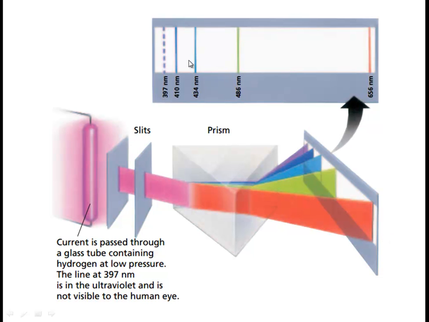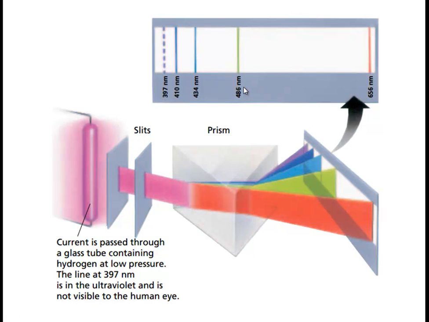And then if you project those colors as lines on a screen, they would show up like this up here, like these discrete lines, each at a different wavelength.